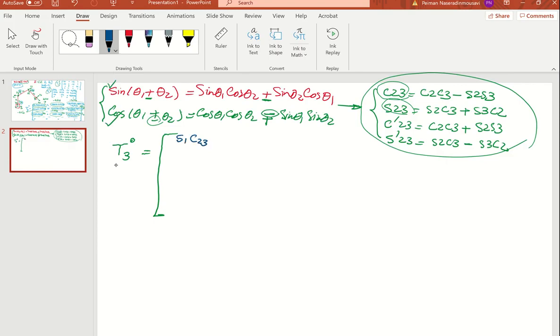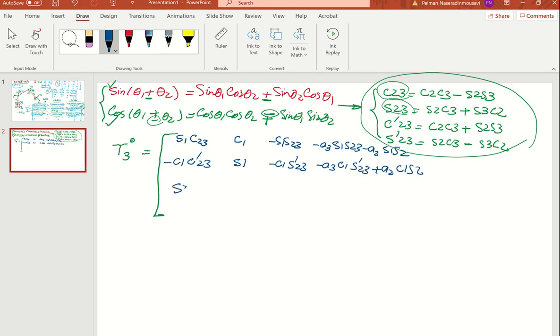S1 cosine 23 cosine 1 minus S1 sine 23 minus A3 S1 S23 minus A2 S1 S2 minus cosine 1 cosine prime 23 S1 minus cosine 1 S prime 23 minus A3 cosine 1 S prime 23 plus A2 cosine 1 S2, S23 0 cosine 23 A3 cosine 23 plus A2 cosine 2 plus A1 0 0 0 1.